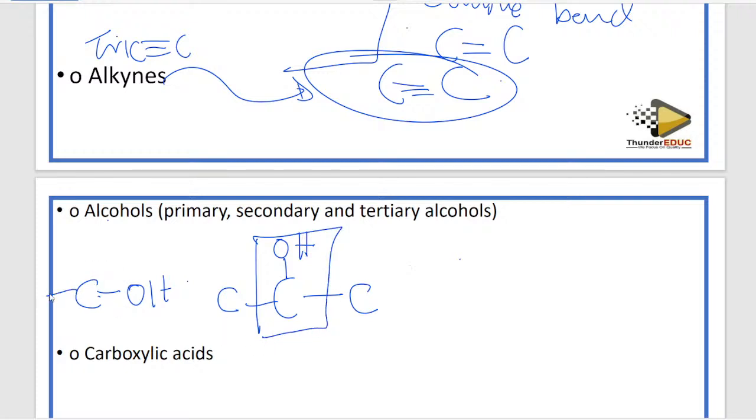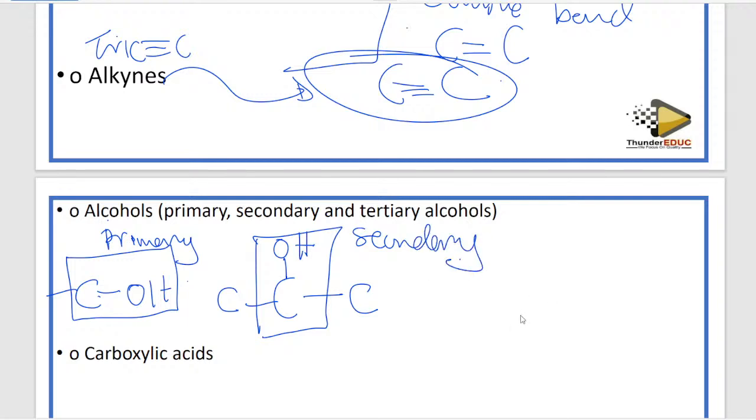Here, this one is at the end or at the beginning. It depends on how you differentiate it. So this is a primary, and then this is a secondary, and then tertiary. Remember, level 1, level 2, level 3.